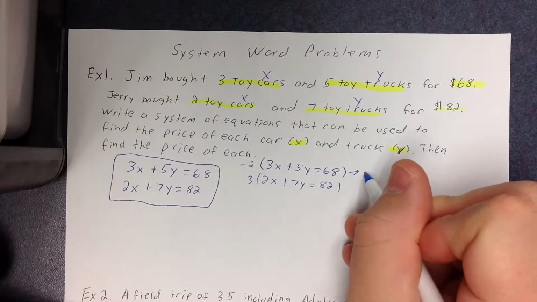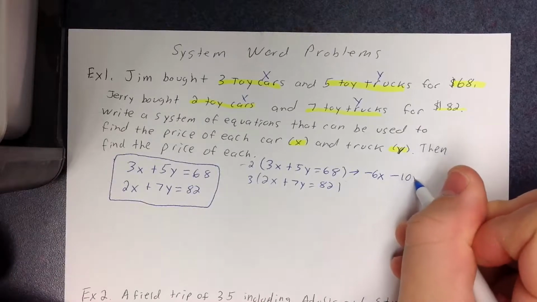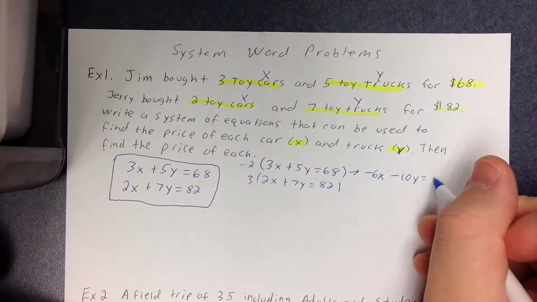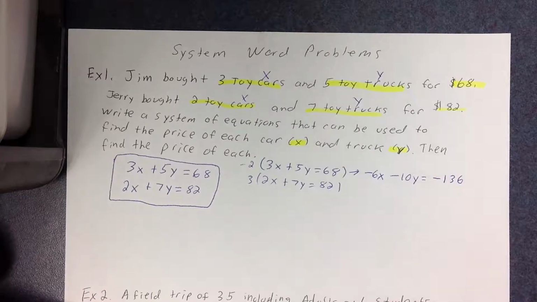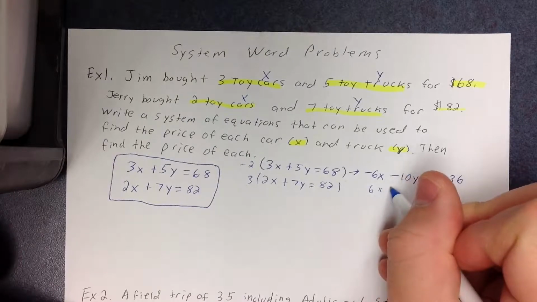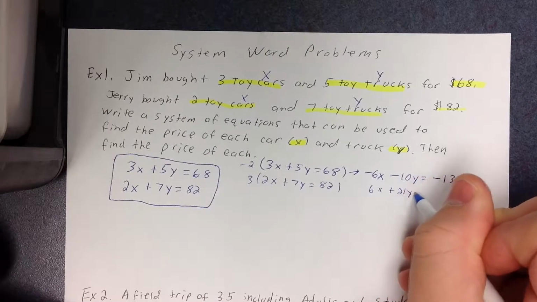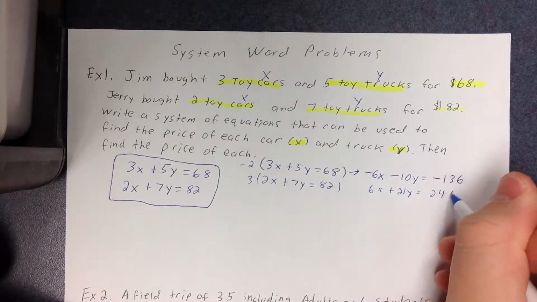So this equation is now going to become negative 6x minus 10y equals negative 136. The bottom equation would become 6x plus 21y equals 246.